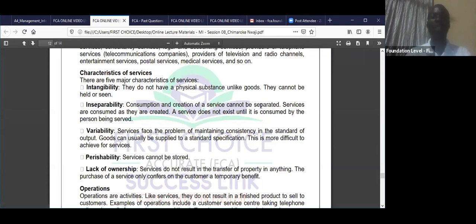But in the case of service, you cannot expect every service to be exactly the same. For example, if I'm teaching this topic to a group of people in a physical class, it may be different from the way I'm teaching you now.